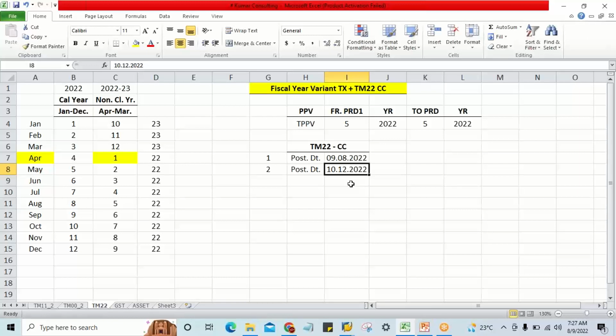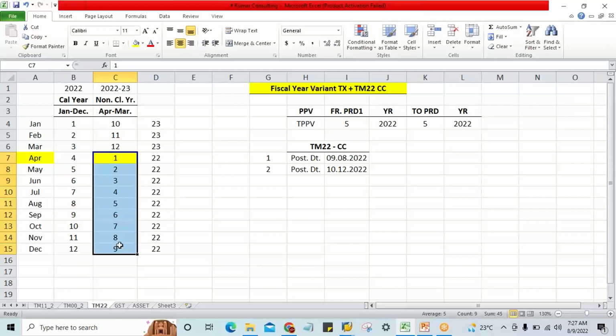So while posting the transactions, we use the date as per the calendar year. But SAP is going to convert this into a non-calendar year as per our configurations. It is pretty simple. Just focus on this, and I'll quote another example also.